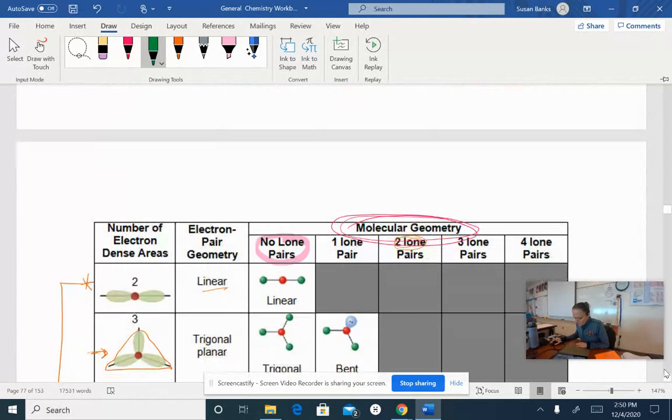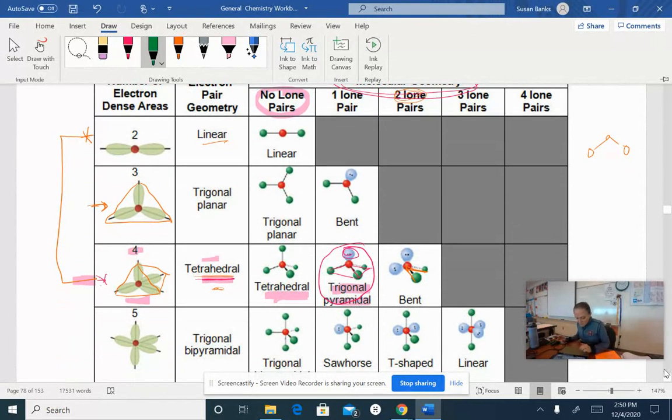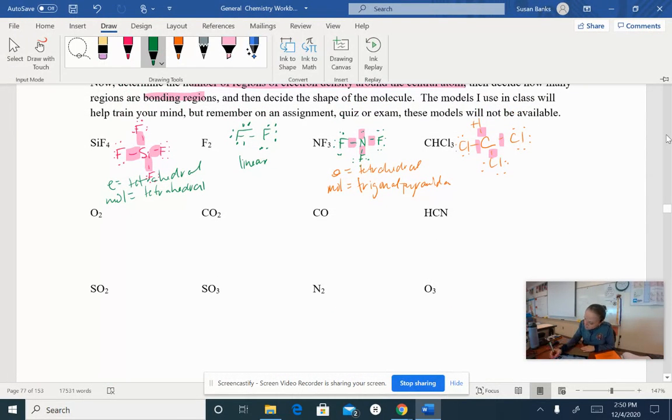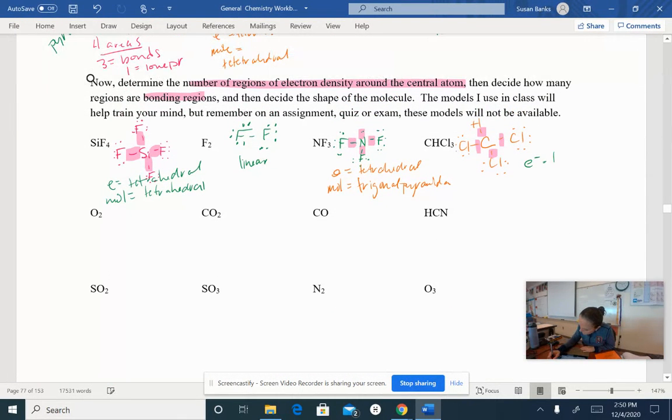Let's scroll down. 4 areas, all bonding. I will have a tetrahedral electron geometry and a tetrahedral molecular geometry. So my electron geometry is tetrahedral, and my molecular geometry is also tetrahedral.